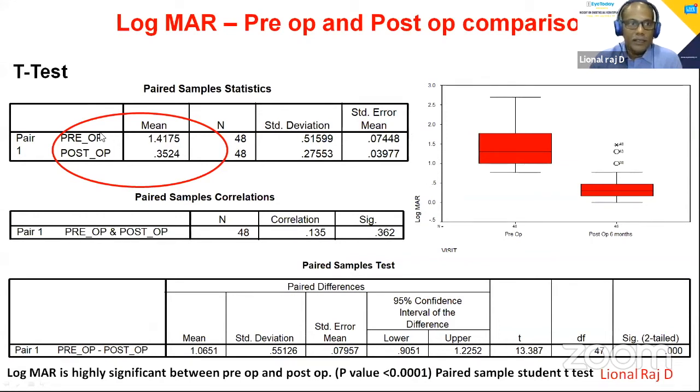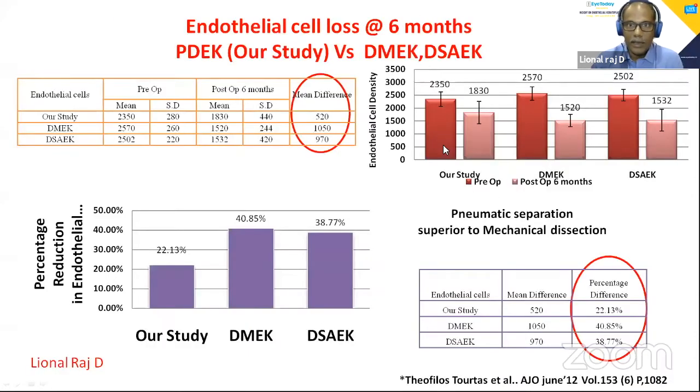And we had a significant improvement of vision, closer to 6/12. And we had 3 failures out of the 48 case series. And all these 3 lay outside the confidence interval. And 2 of which required repeated rebubbling, and finally we had to go ahead with PK after that.